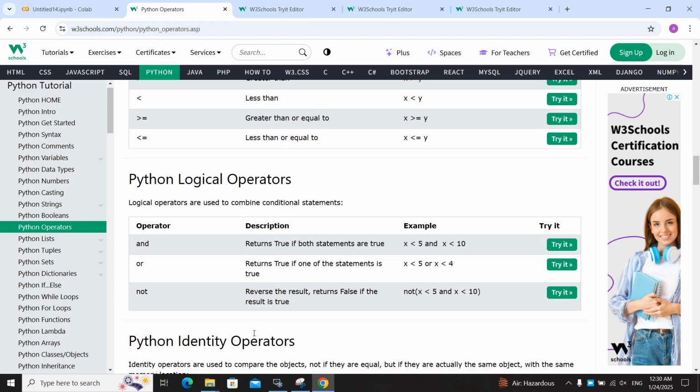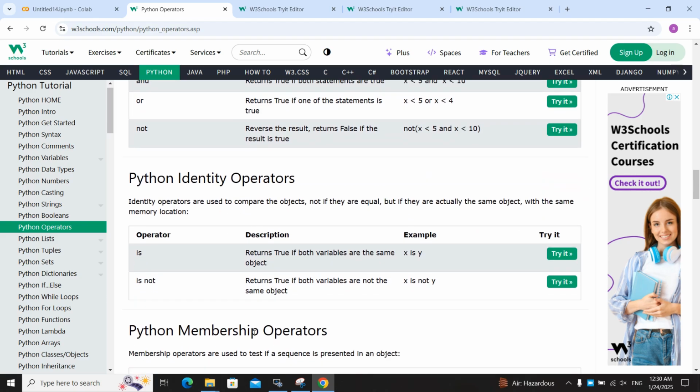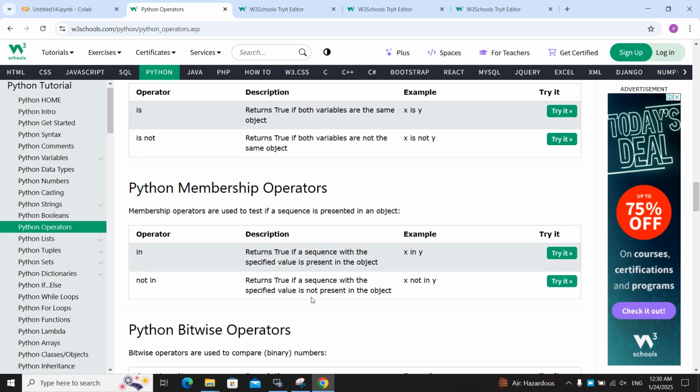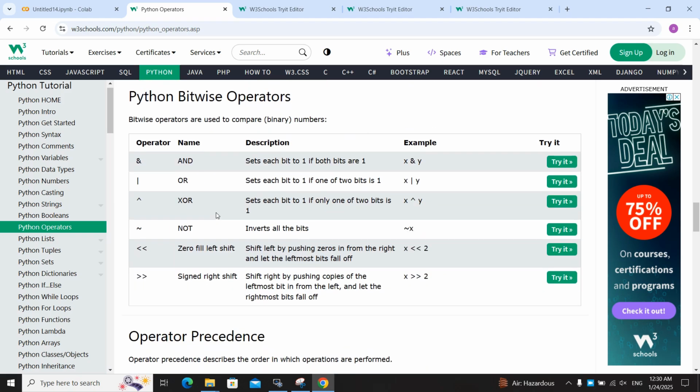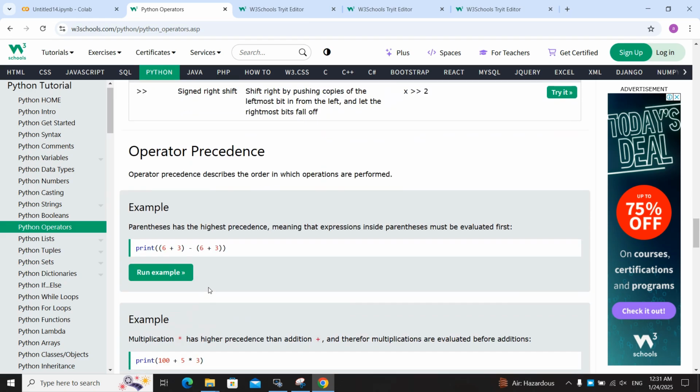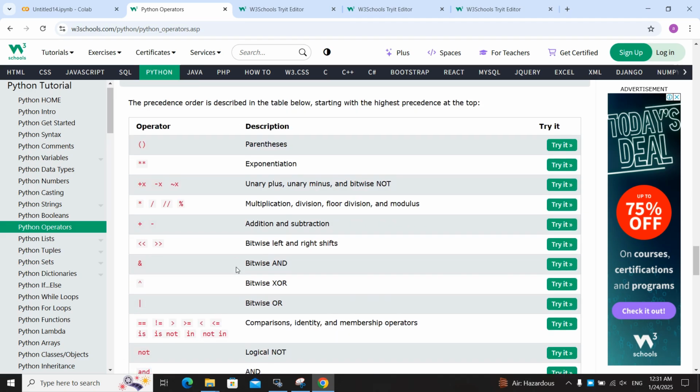We have and, or, not. Also we have is and is not. We also have in, not in, and, or, xor, not, left shift, right shift. We have some other operators, for example parentheses and exponential.